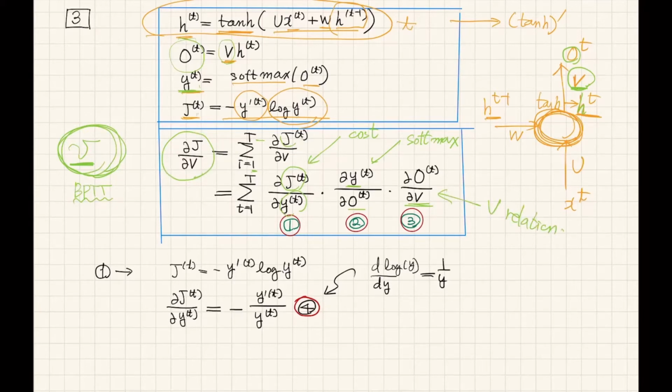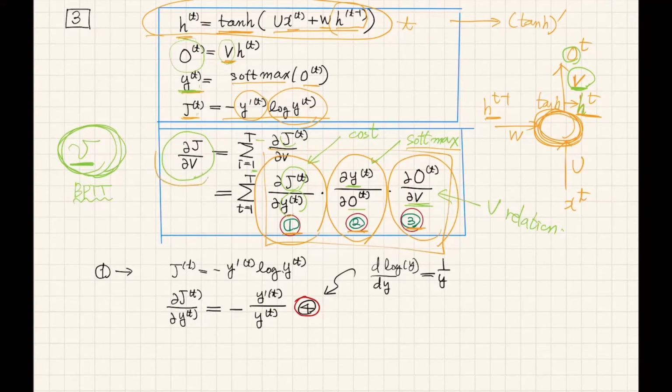So now we have three equations. Number one is the derivative of the cost function. The second term is the derivative of the softmax function. The third term is the derivative of the output function with respect to V. So our task is, if we derive the first, second and third equations, we just plug them into this equation and then make a summation.